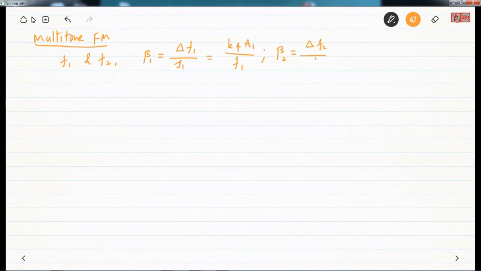So this gives rise to kf a2 by f2, and the time domain equation is Ac cos 2 pi fc t plus beta 1 sin 2 pi f1 t plus beta 2 sin 2 pi f2 t.